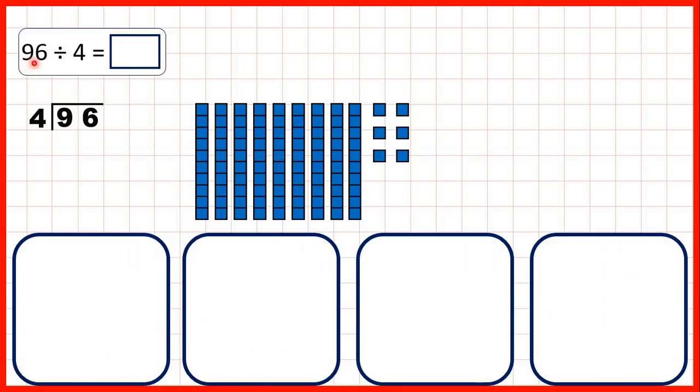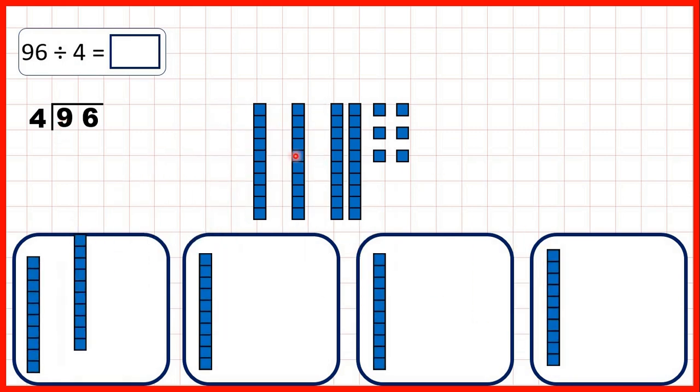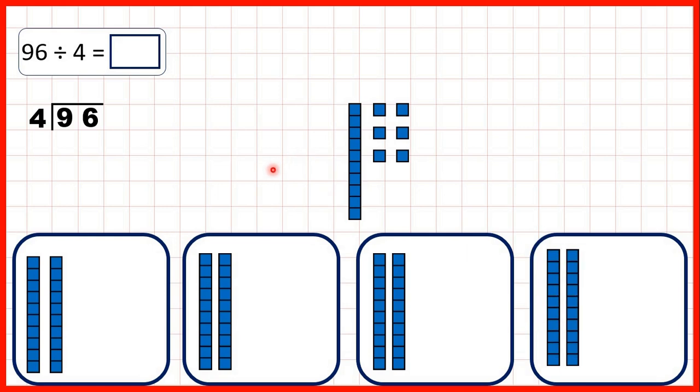Now 96 divided by 4. We start by sharing out our 9 tens. We can share out 8 of our tens, but we can't share out this 10 here because with division we need equal groups. So we have 2 tens in each group, so we can write 2 in our answer line.